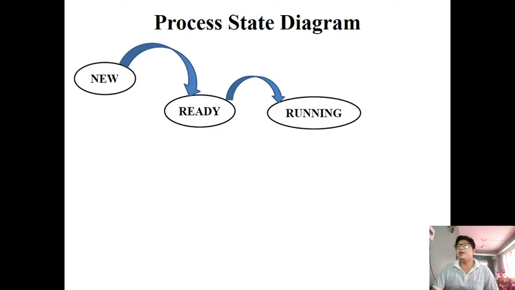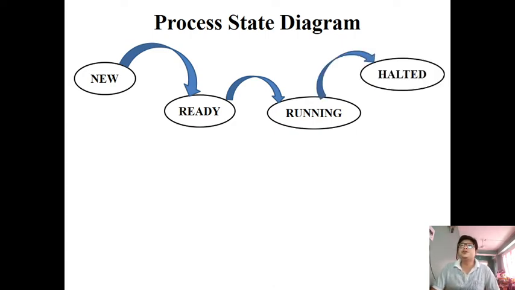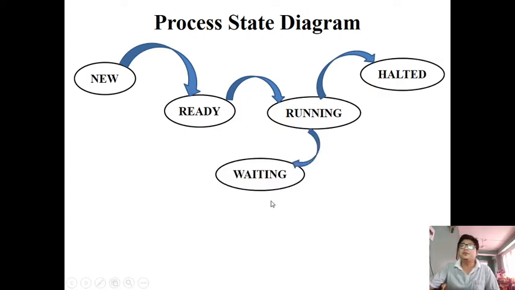Whenever any IO activity is encountered while executing a process, the process will be shifted to the waiting state. But it may also happen that it doesn't have any IO activity. At that point of time, the system will directly halt it or stop it. Halt means the program has been successfully terminated.